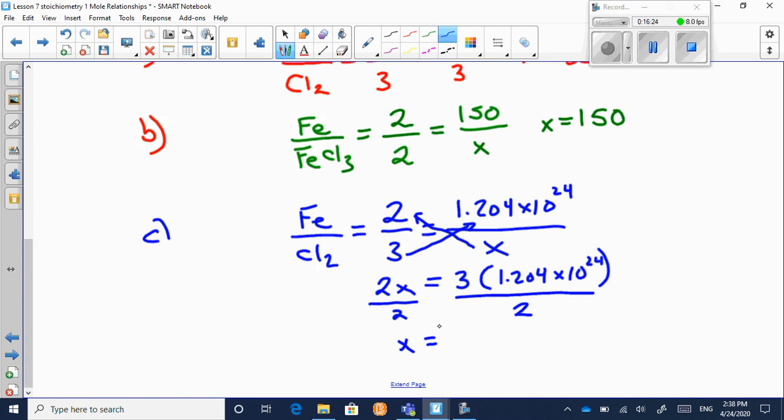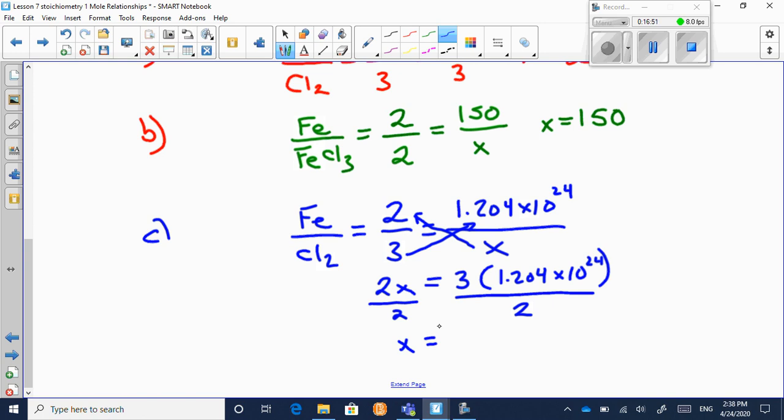And so now I'll grab my calculator, and you guys can do this with me. You go 3 times 1.204. It's times 10, so on my calculator I hit EXP, and then I type in 24. That's times 10 to the 24. Equals, my calculator says 3.612 times 10 to the 24, and then I'm going to divide by 2.